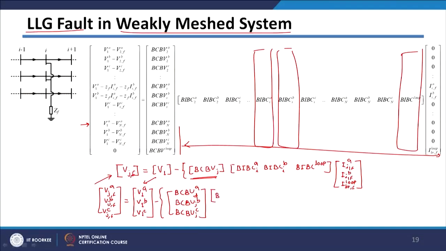This term will remain common, that is BIBC A phase, BIBC corresponding to B phase and BIBC corresponding to loop forming branches, and this will get multiplied with your fault current in A phase, fault current in B phase and fault current in loop forming branches. So, this is how we can calculate the post fault voltages of any bus in weakly meshed system for LLG fault.